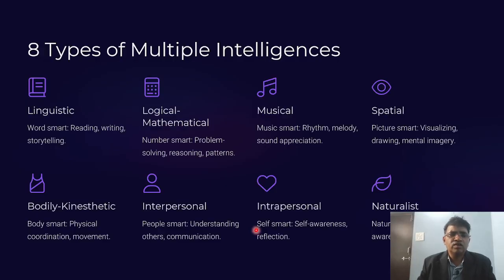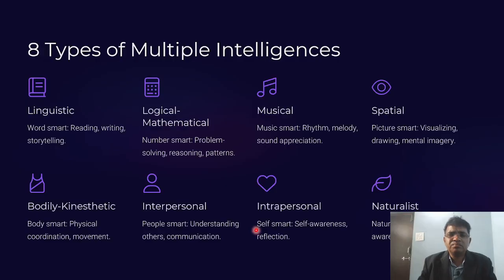Linguistic: word smart, reading, writing, storytelling. This is also one type of intelligence. Logical-mathematical: number smart, problem solving, reasoning, patterns. Musical: music smart, rhythm, melody, sound appreciation.